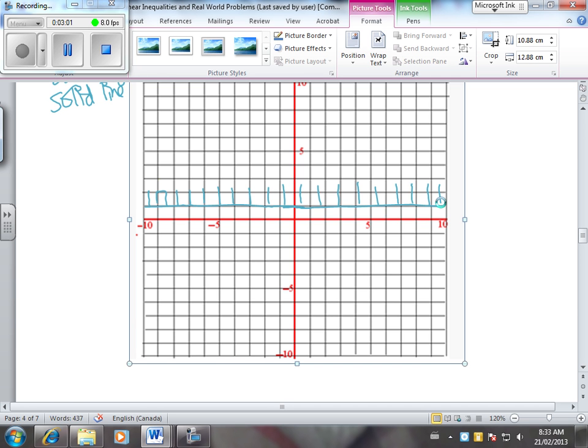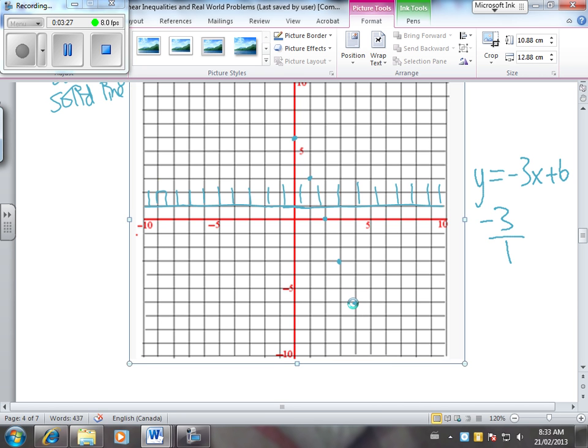And then our second boundary line is y equals negative 3x plus 6. So our y-intercept is 6, so I'm going to go up to 6. And our slope is negative 3, so it will be down 3 and to the right 1. So down 3 over 1, down 3 over 1.